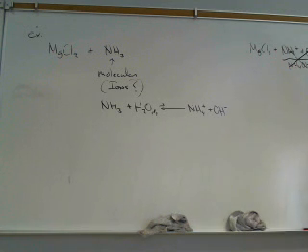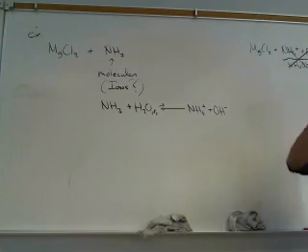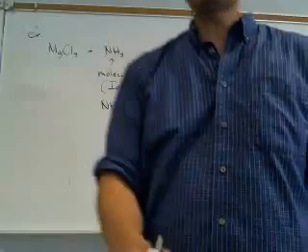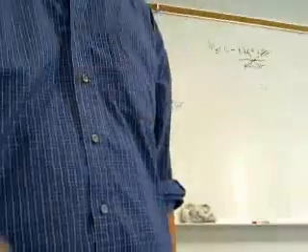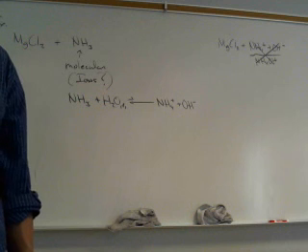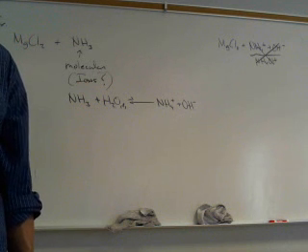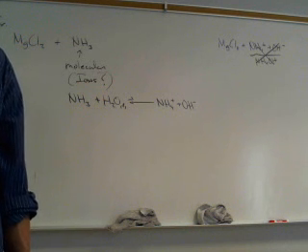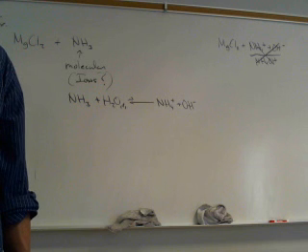The reason we're not going to write this like this is because you need to buy chemicals. When you go buy the chemicals and you ask, I'd like to buy, let's say, a 1 molar solution of ammonium hydroxide, are they going to have it for you? No, ammonium hydroxide is unstable.